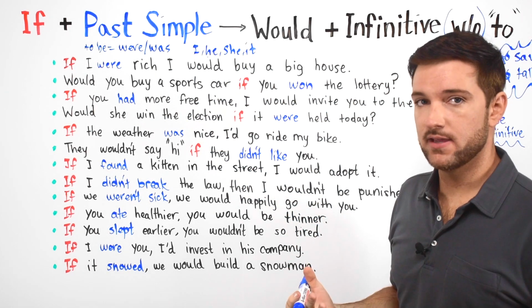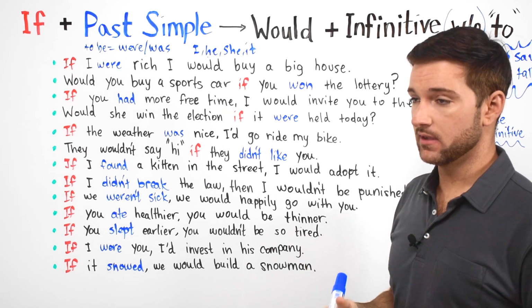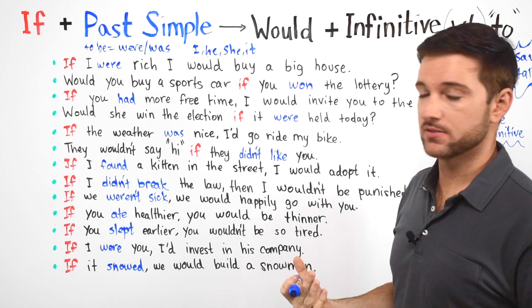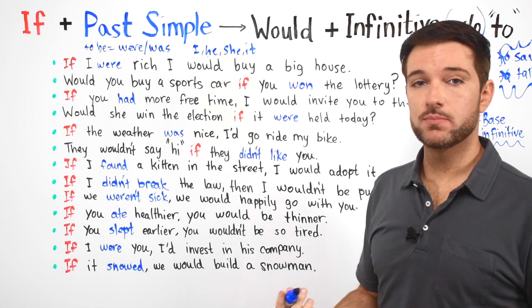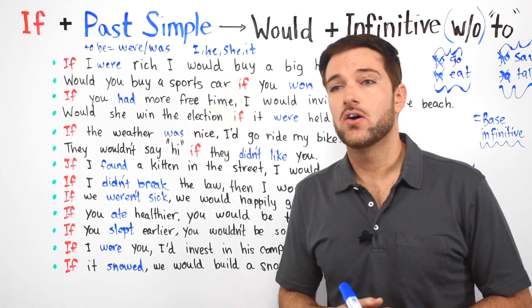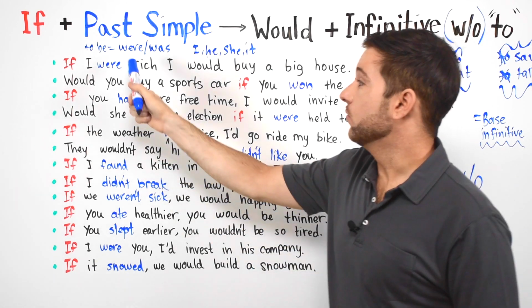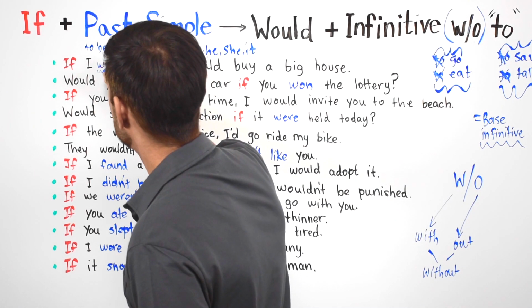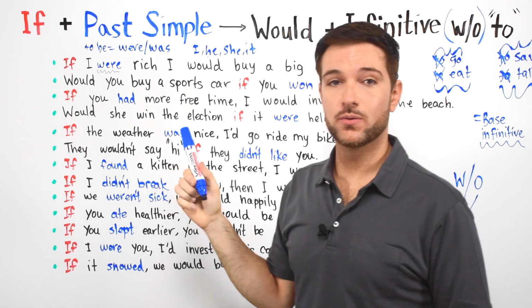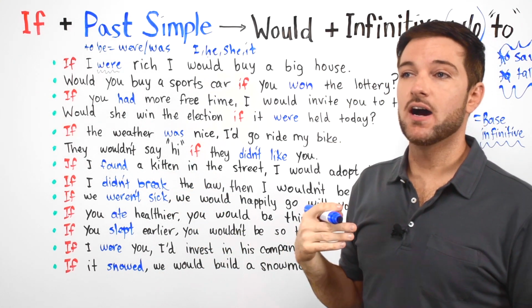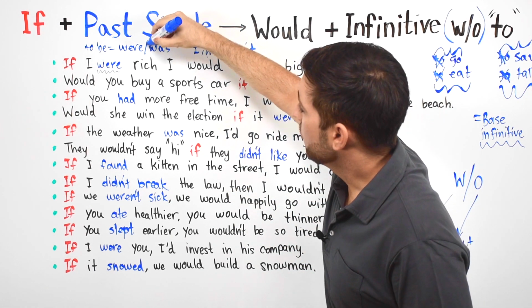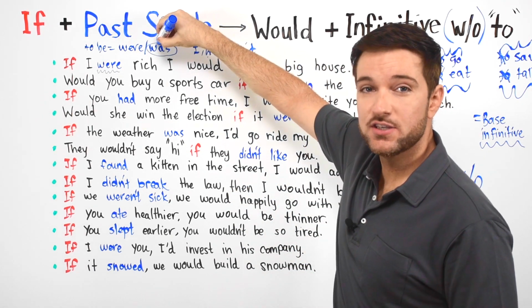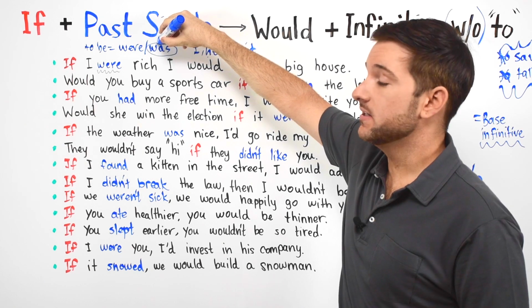So you can say, for example, if I was rich, I would buy a big house. You'll hear Americans say that, you'll hear people say that. If I was rich, I would buy a big house. But you can also say, if I were rich, I would buy a big house. In English, we generally use the word were for an unreal condition, whereas we use was if the condition is real, with real conditions.